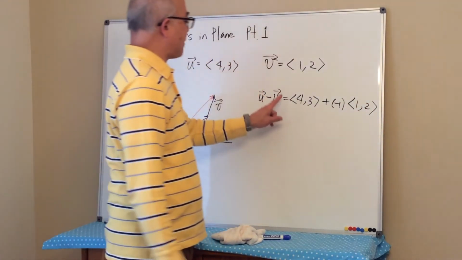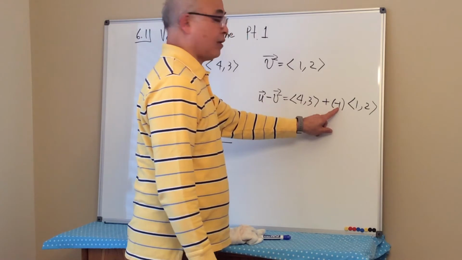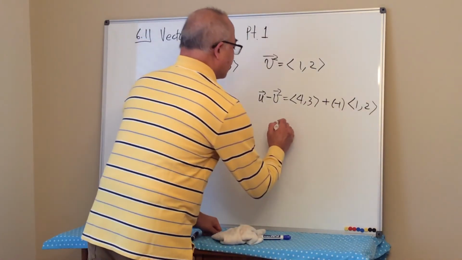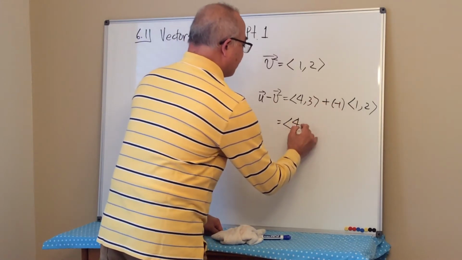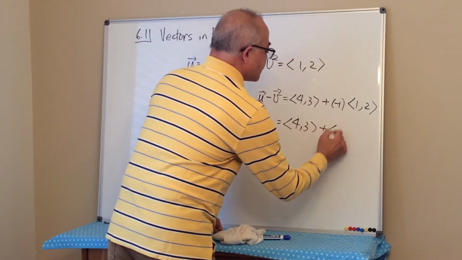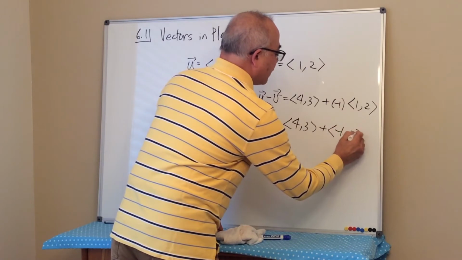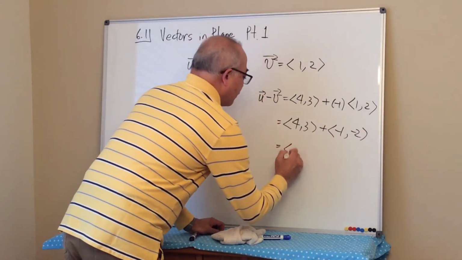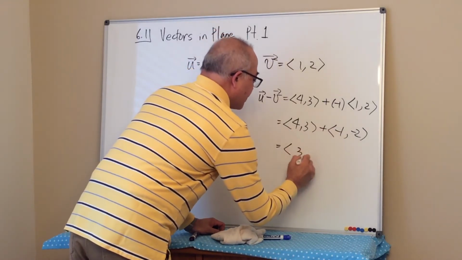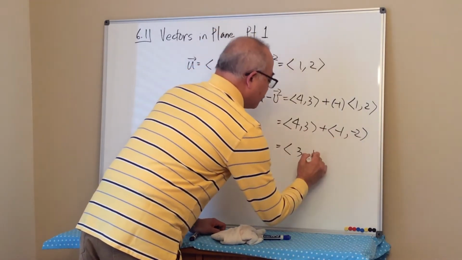So in other words, I'm adding the negative here. So it's going to be (4, 3) plus (-2, -1). Then I get 4 minus 2, which is 2, and 3 minus 1, which is 2.